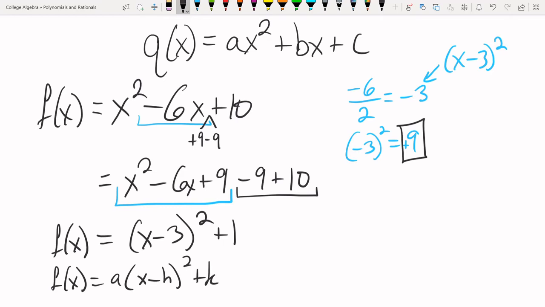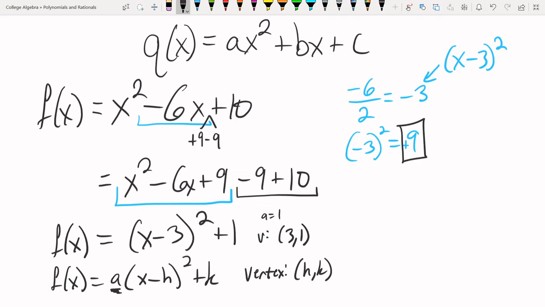The vertex is at h, k, and a here is a multiplier. It's what's making it open wider or be very thin. It's to just kind of change the shape of the quadratic a little bit. In our problem here, a equals 1, and the vertex is going to be at 3, 1.